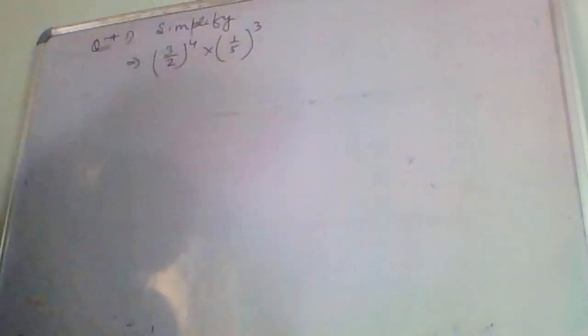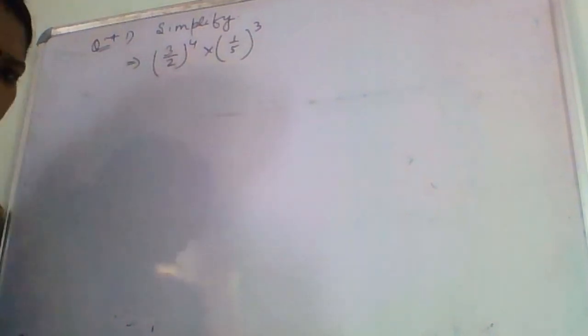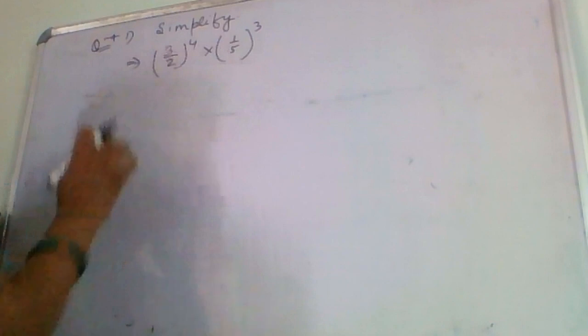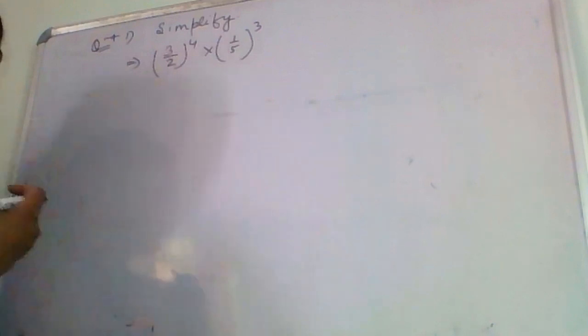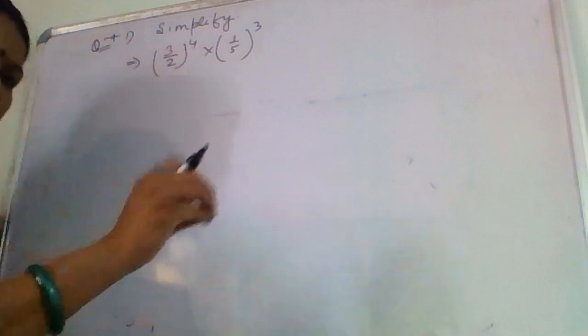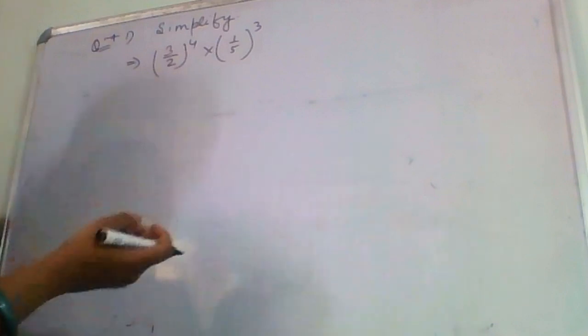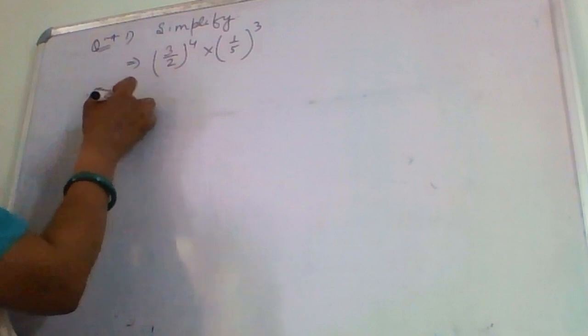First of all, we will see whether we can apply any exponent laws or not. Here the bases are different, so we cannot apply any exponent laws. So what we have to do is simply expand the exponents and then simplify.